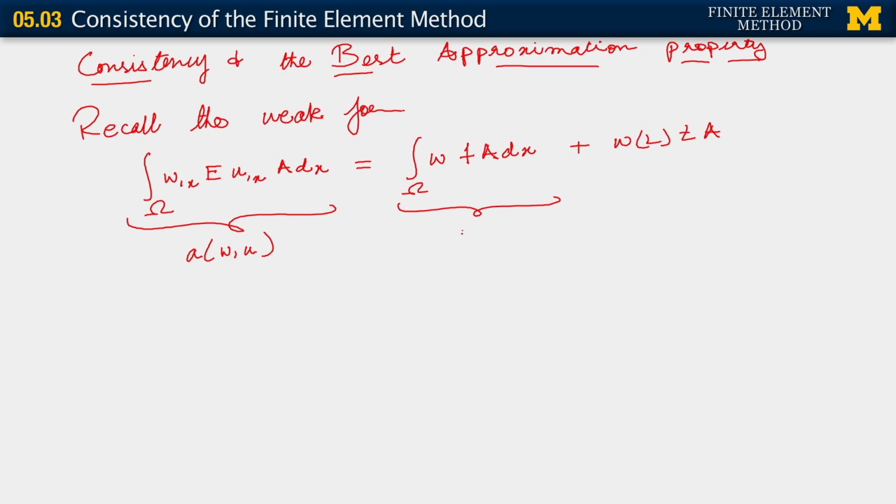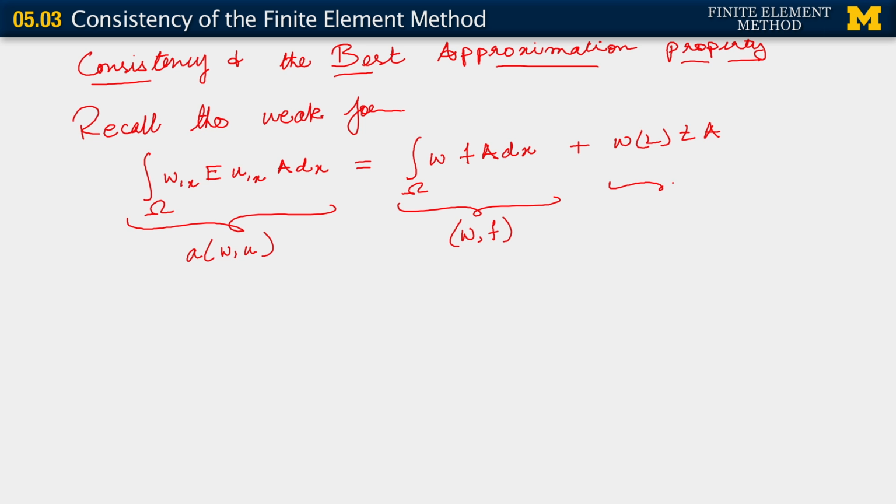Likewise, this is w comma f, the way we defined it in the last segment. I defined it earlier for general mathematical functions. Here we have an A dx, but we can just say that A is a part of dx and lump it into the definition.